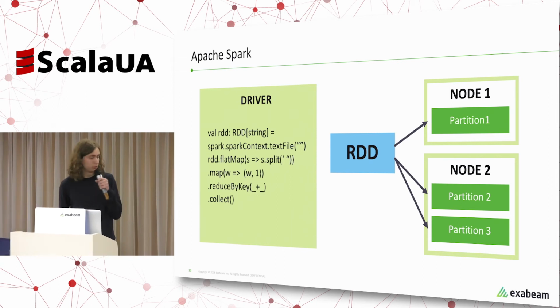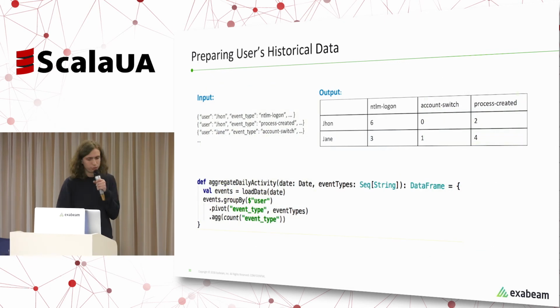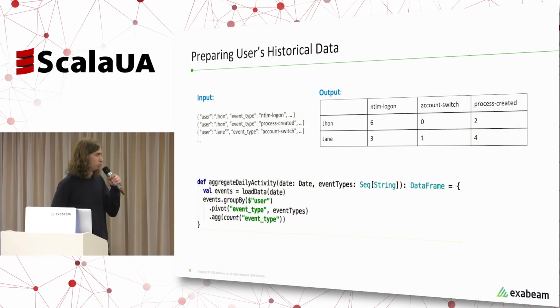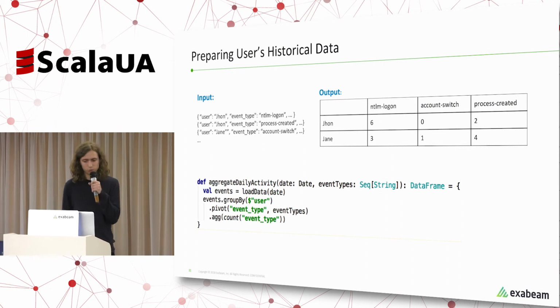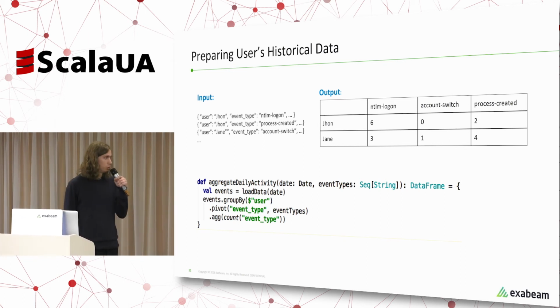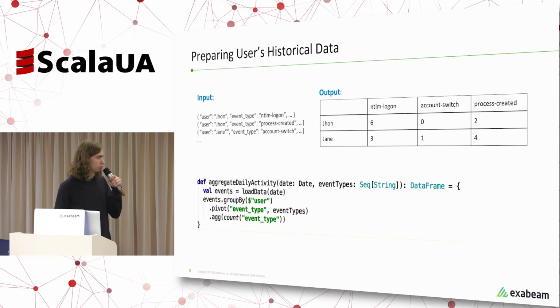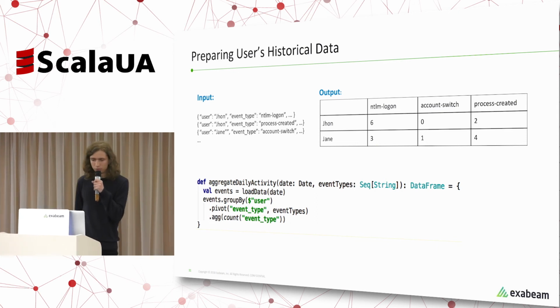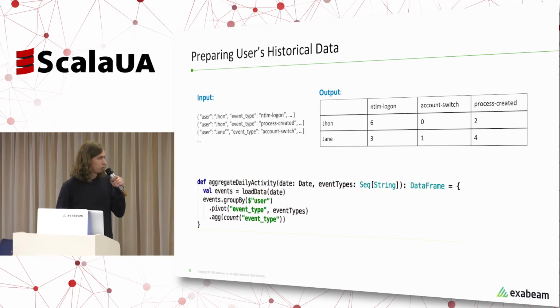I'm going to show you how this algorithm can be easily implemented with Apache Spark. At first, we want to count our event types for each user. Eventually, we will get a vector which represents daily activity for each user. Now let's take a look at our input.